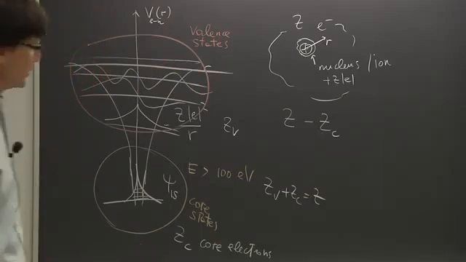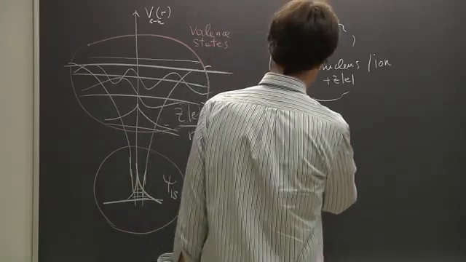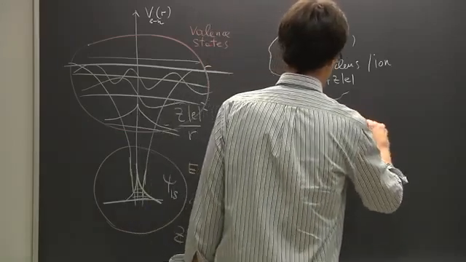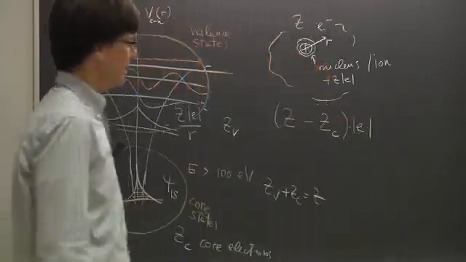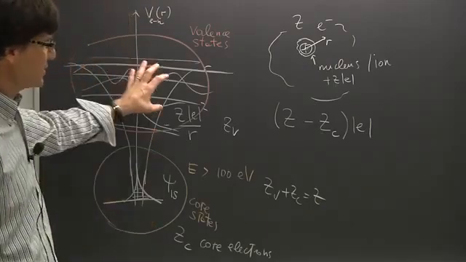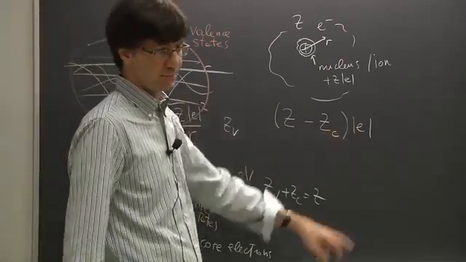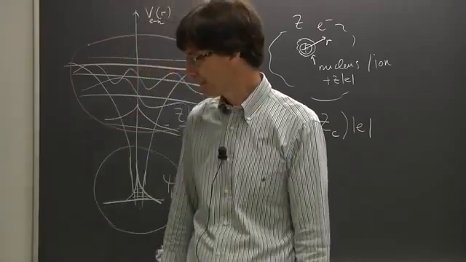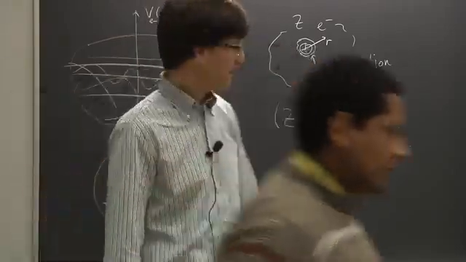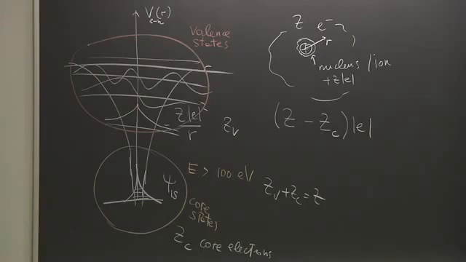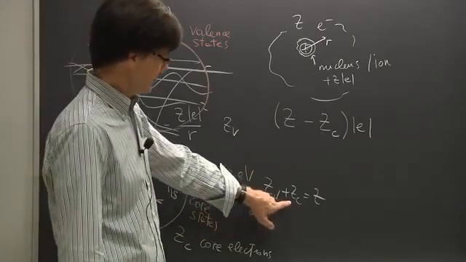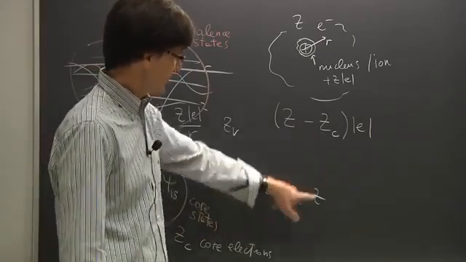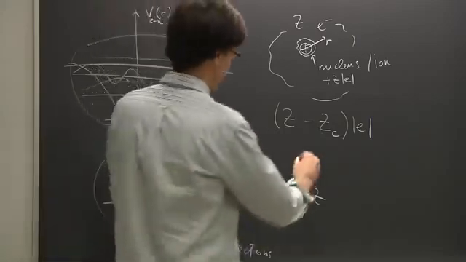So the overall charge seen by valence electrons is given by this number. But because of this, Z minus ZC, of course, is ZV.